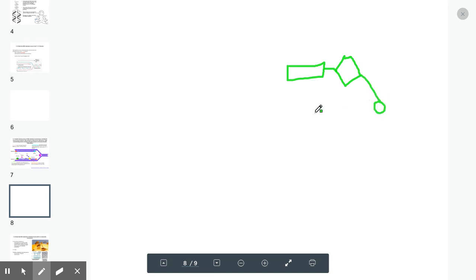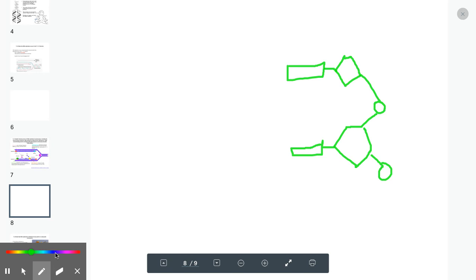Here's my phosphate connected to carbon number 3 on the next nucleotide. It's connected to a nitrogenous base, and then to a phosphate. So here are two nucleotides joined together on an anti-parallel strand. The new pieces of DNA, I'm going to represent them with blue.